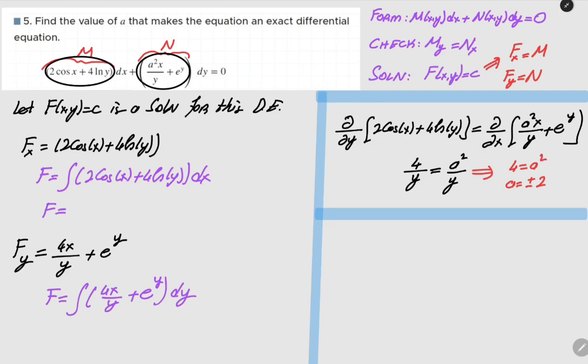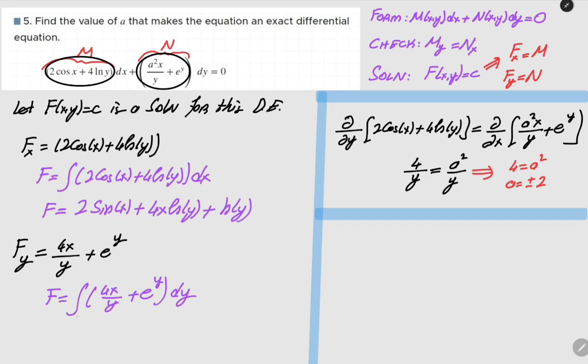The integral of cosine x is sine x, so we have 2 sine x here, plus this integral with respect to x: we just multiply this function by x because there is no x here. It plays the role of a constant term, right? 4x ln y, and the integration constant should be replaced with a function of y, h of y, because when we take the derivative of this function with respect to x we obtain 0.